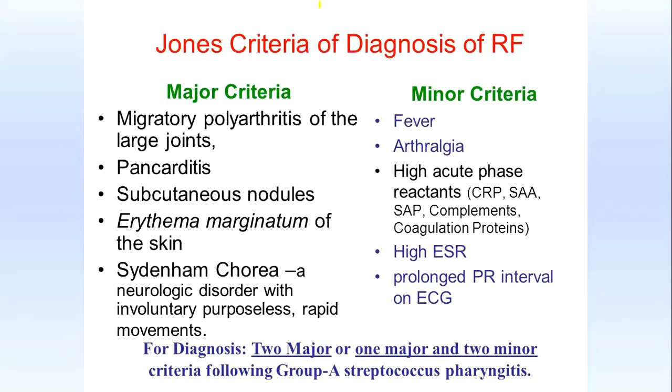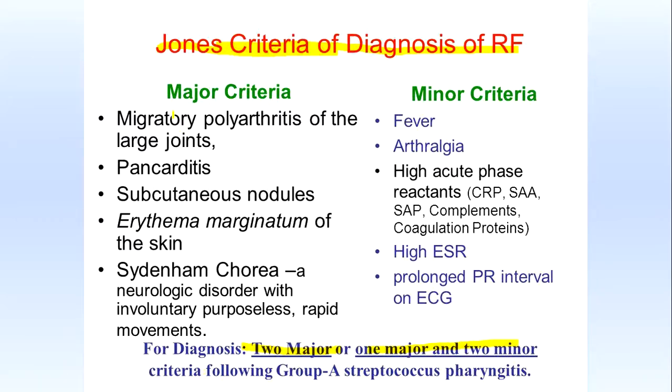Now, Jones criteria is important because it is asked in viva as well as in short essay questions. Jones criteria is used for the diagnosis of rheumatic fever, and please remember, it incorporates a preceding group A streptococcal pharyngitis plus 2 major criteria or 1 major and 2 minor criteria.